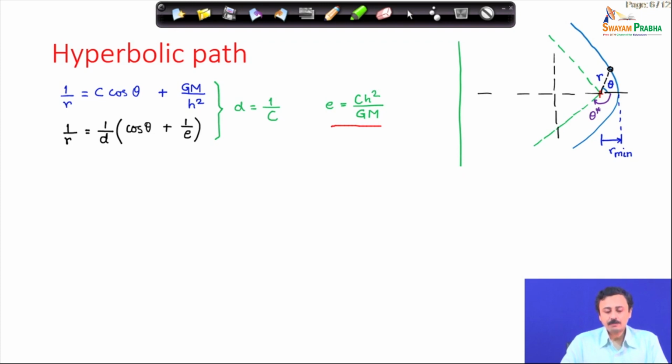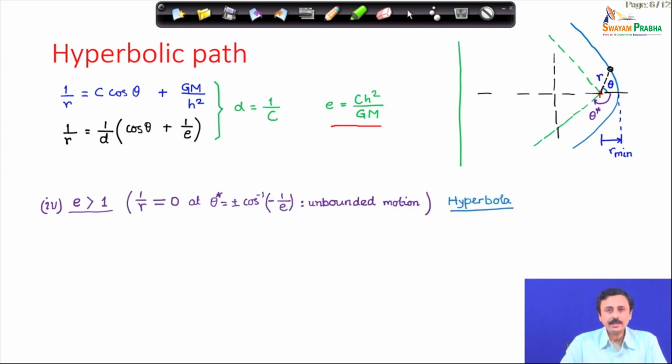Next we have the hyperbolic path, which is obtained for eccentricity e greater than 1. Here 1 over r can go to 0 for certain values of theta which are less than pi and greater than minus pi, as shown in this diagram. The reason is e is now greater than 1, therefore 1 over e is less than 1, and therefore cosine theta will come to the negative of that value for some theta less than pi.